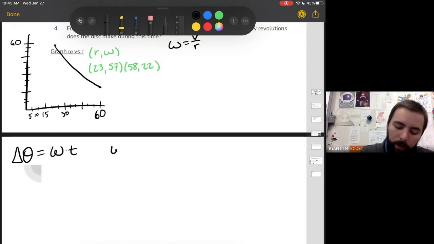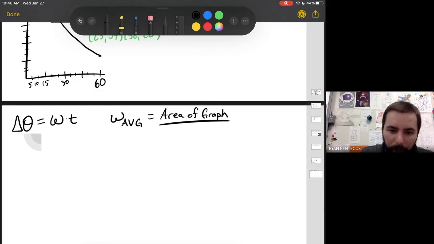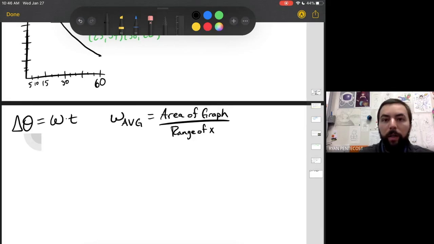So we would need some average omega to do this problem. But we also don't have a linear graph. So how do we find the average of a nonlinear function? So this is interesting, okay? If you take the area of the graph, then divide that by the range of the x-axis, then you could get the average value within that nonlinear graph.